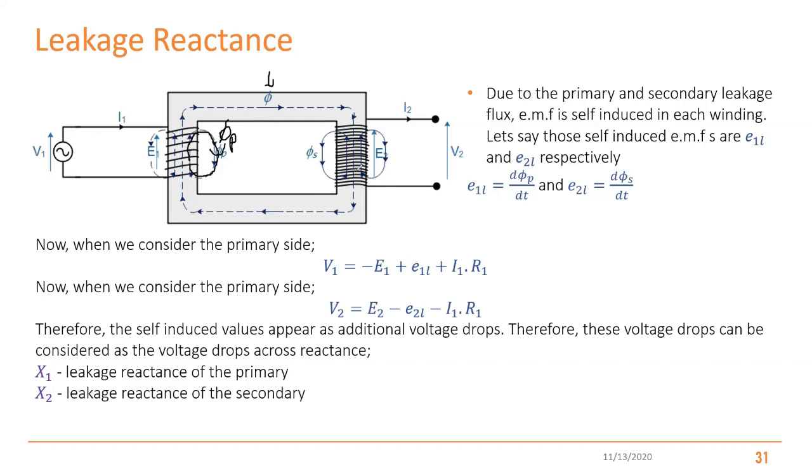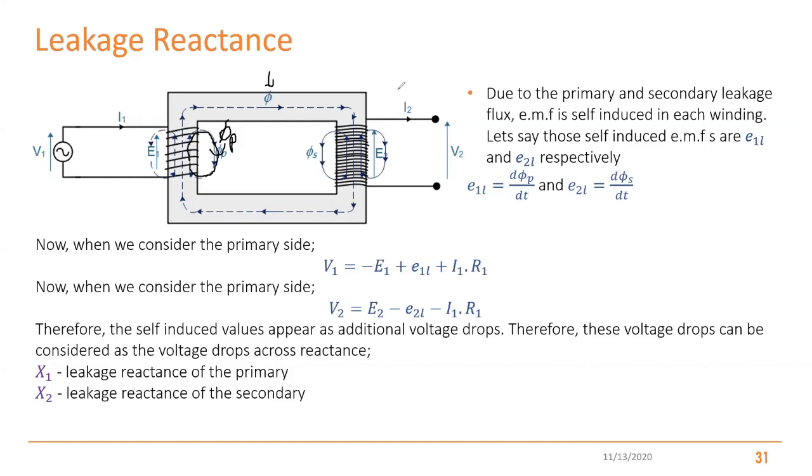We have to address that issue in our transformer as well. In the earlier calculations and derivations we didn't include this part, but we have to include it because it can be a significant problem.